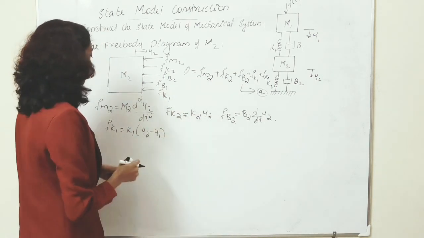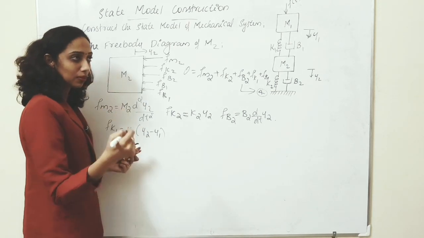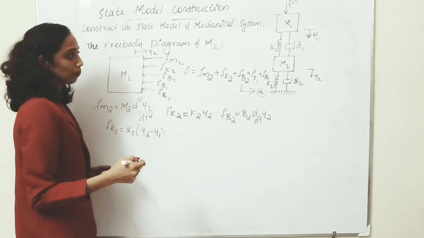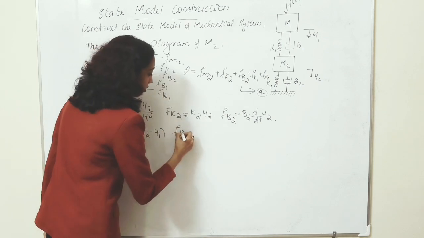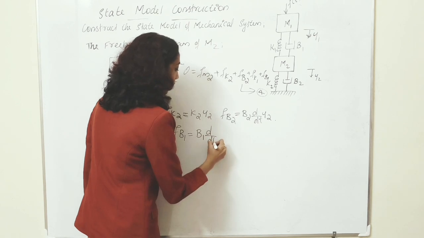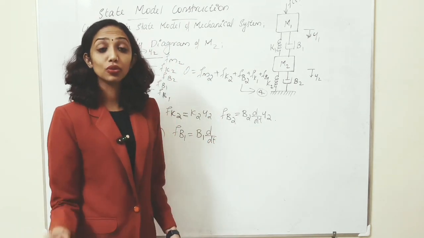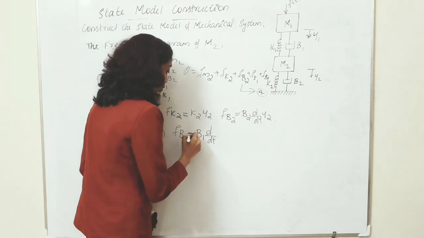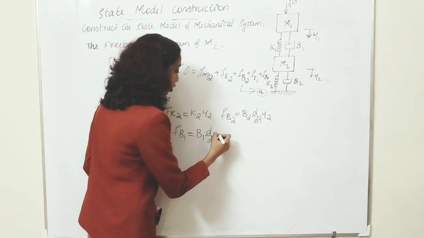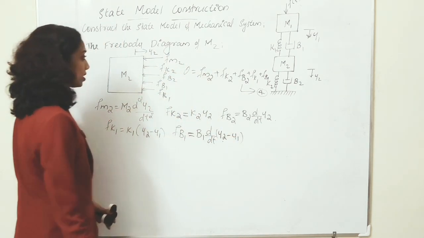You have to write it like K1 into y2 minus y1, because it's in between m1 and m2. Then FB1 is equal to b1 into d by dt of y2 minus y1, the opposing force due to the dashpot component, which is directly proportional to the velocity.